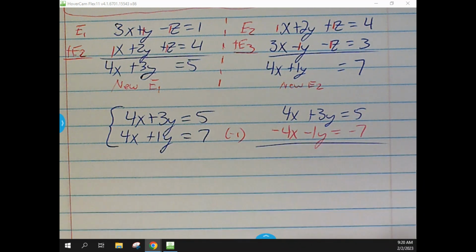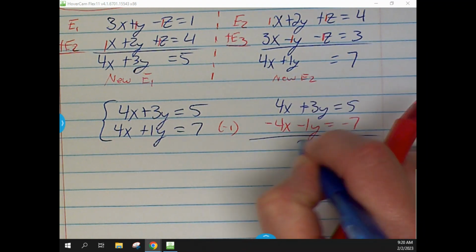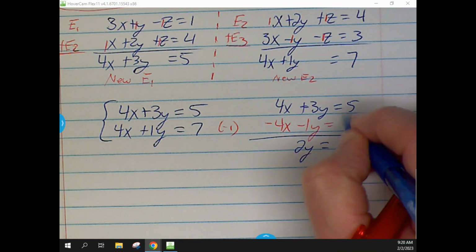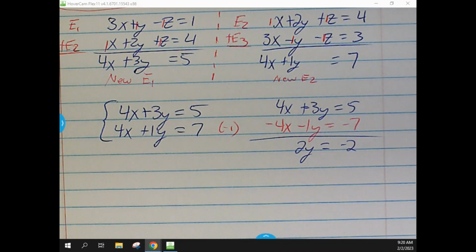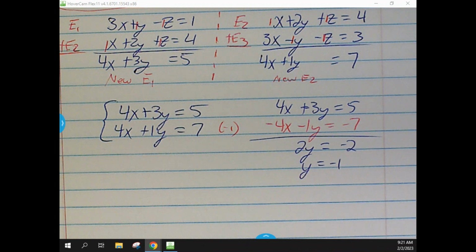Because doing that, you've got 4 minus 4, which makes that really easy because that knocks that out. Now we've got 3 minus 1 for 2y and 5 minus 7 for -2. So then y would be -1.